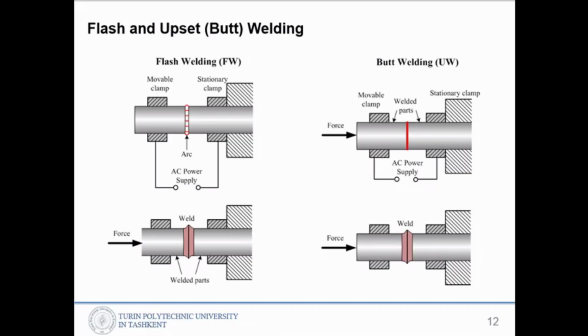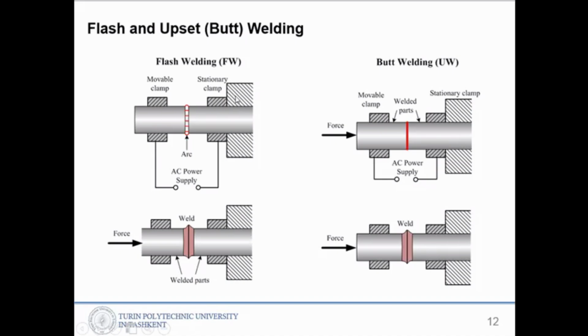Here we can see flash and upset welding, and upset welding is sometimes called butt welding. On the left-hand side, the flash welding process is shown. The two parts that are going to be welded: from one side one is fixed, and the second clamp is movable, while the right-hand side clamp is stationary.